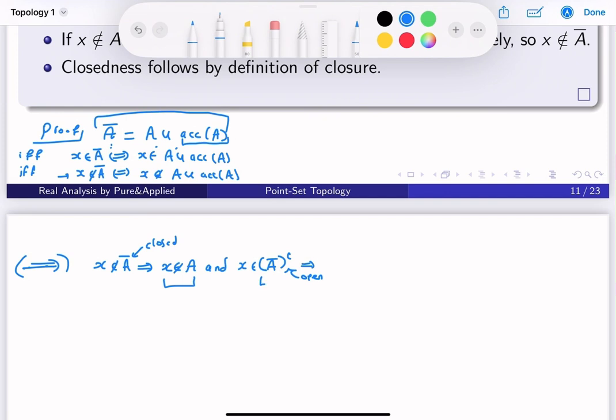But notice, since this is an open set, it is automatically a neighborhood of X, and it doesn't intersect A. This is a neighborhood of X, and the deleted neighborhood, this thing intersected with A, is clearly empty, right? Because this thing contains A. So this clearly implies that X is not in this union, because it's in neither, so it's not in the union.